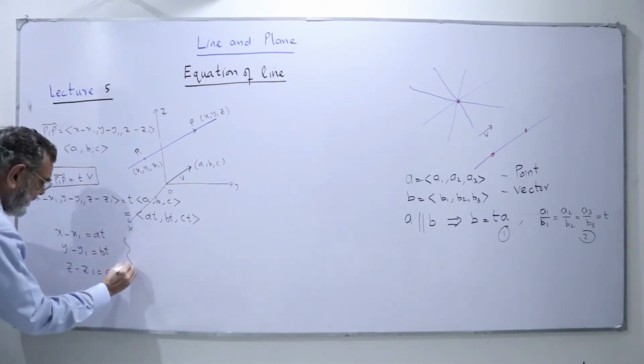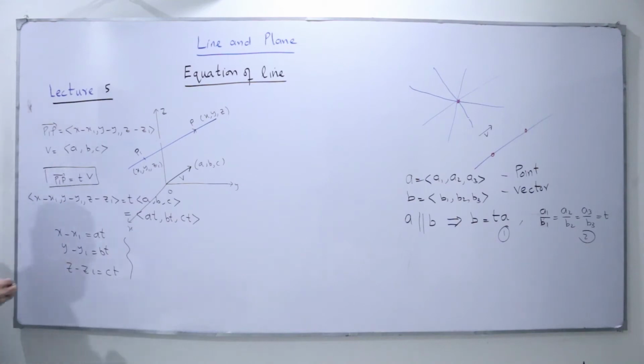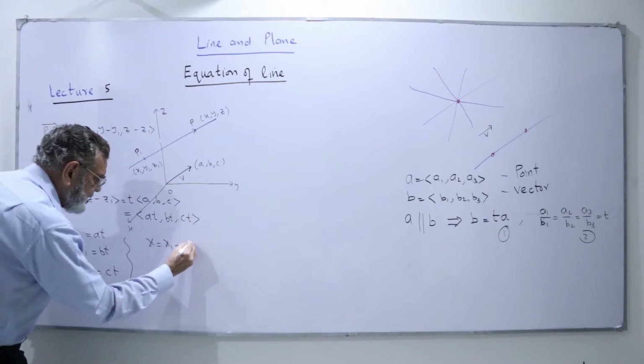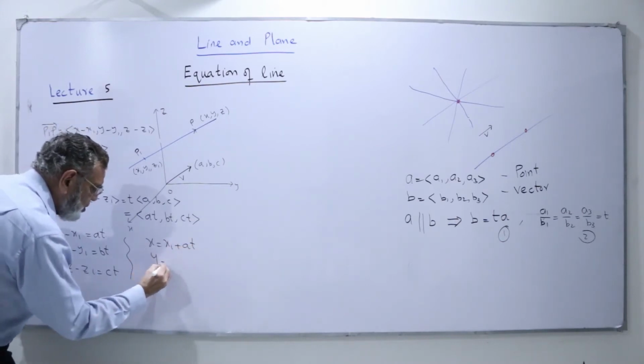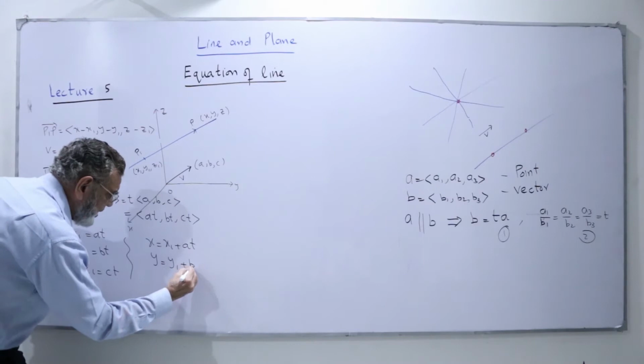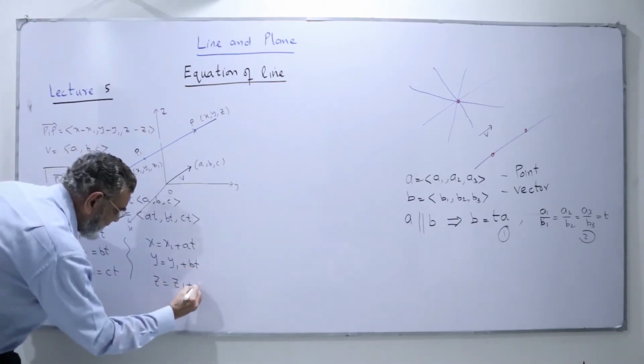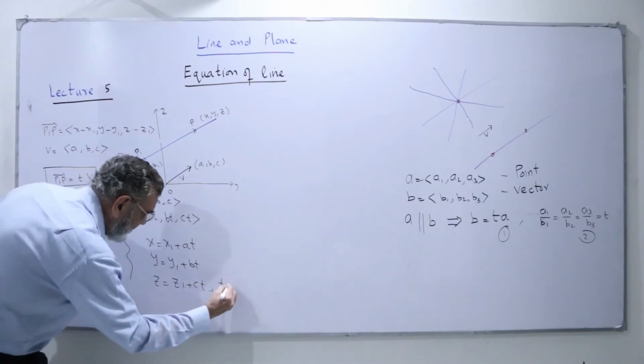Or taking x1, y1, z1 to the right hand side, we get x is equal to x1 plus at, y is equal to y1 plus bt, and z is equal to z1 plus ct, where t is any real number.